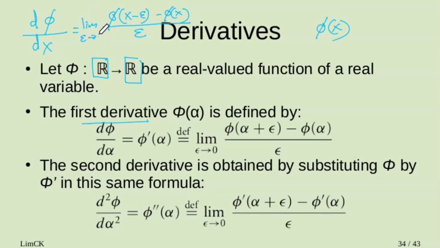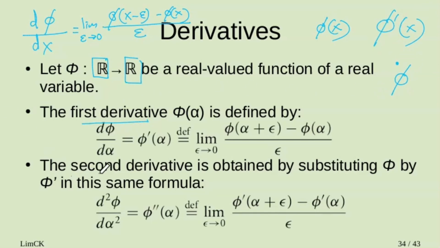This will give us the derivative of the function phi. It is common to write the derivative of function phi as follows, or in some books you'll find they write this one, or in some books they write this with 1 dot. So this is the first derivative.